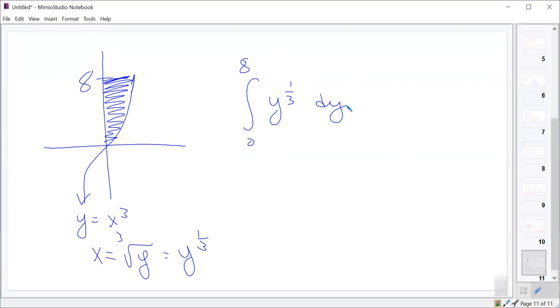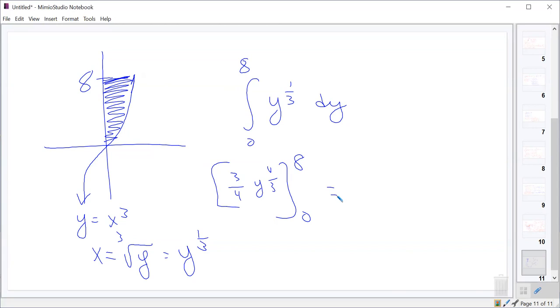Yes. Wonderful. And we integrate y to the 1/3 and we get 3/4 y to the 4/3, and we just go from 0 to 8. And this is why I always do the root part of these first rather than the numerator of that power first. It's 8 to the 4th... probably 1,000?